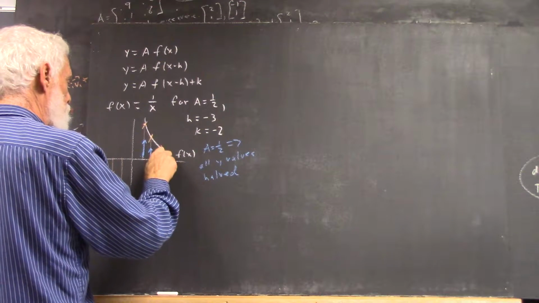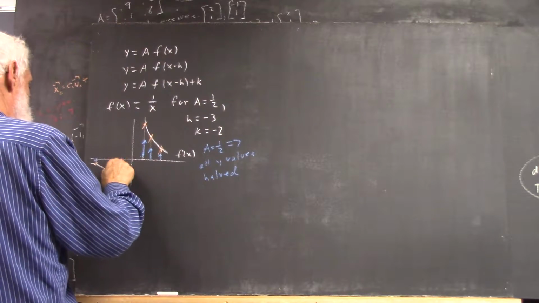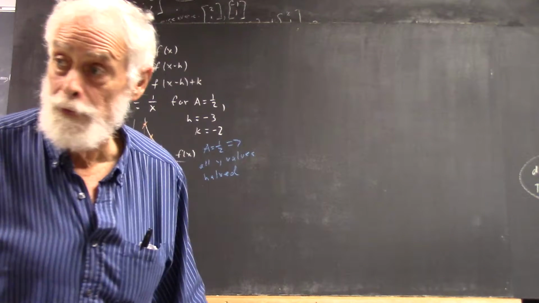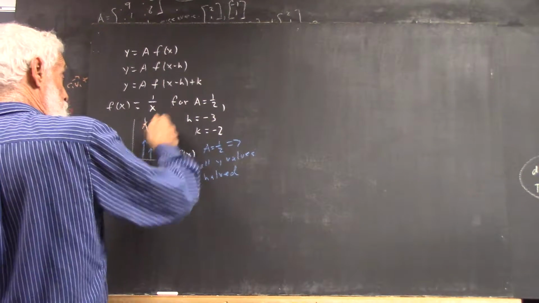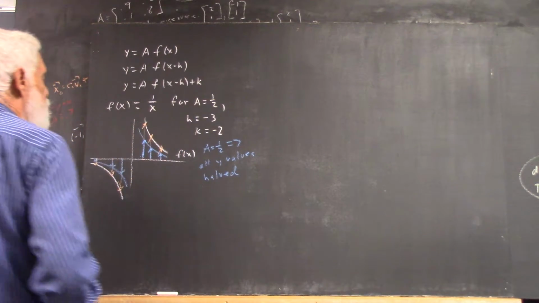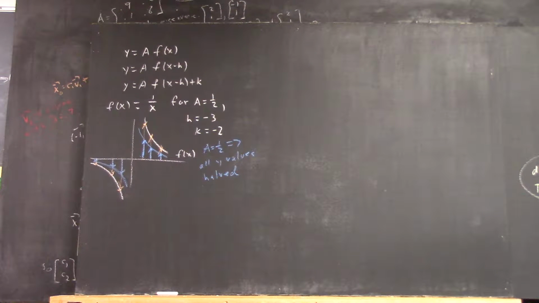And for this x, the y is here. For this x, just a little y. Each of these arrows is half as long as before, right? Make sense? So now I can see what's going to happen. It's going to be like this. That's not a great curve, but it's good enough to convince me that you know how to stretch this thing by a factor of 1/2.